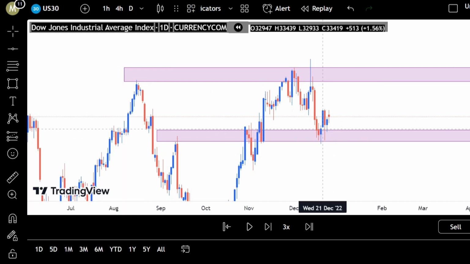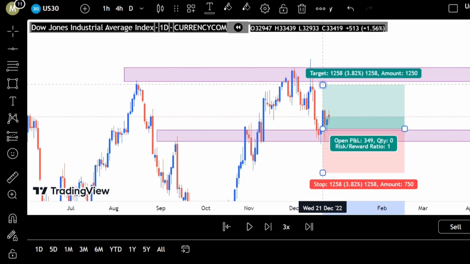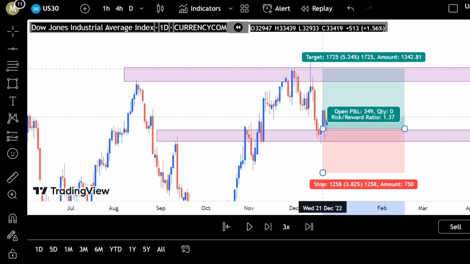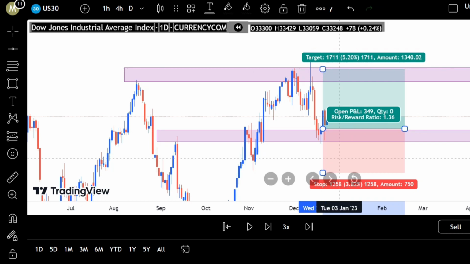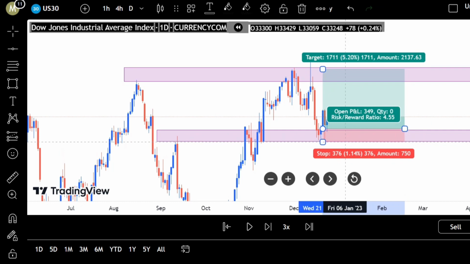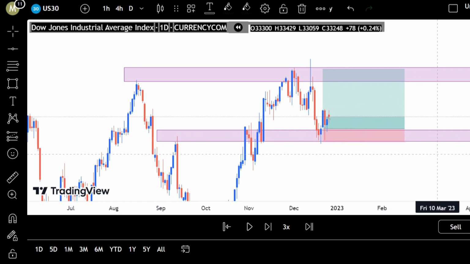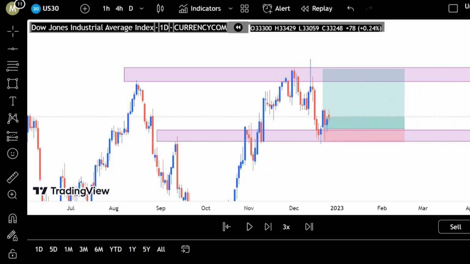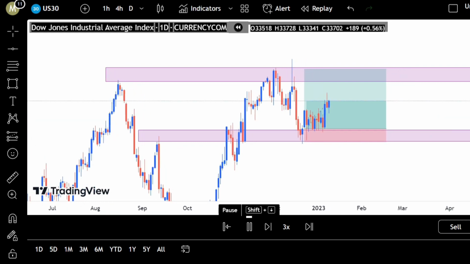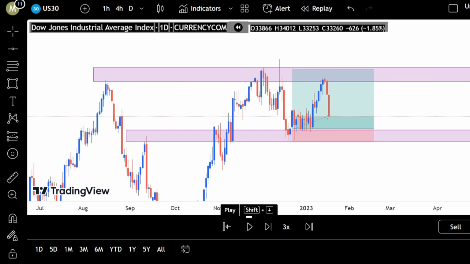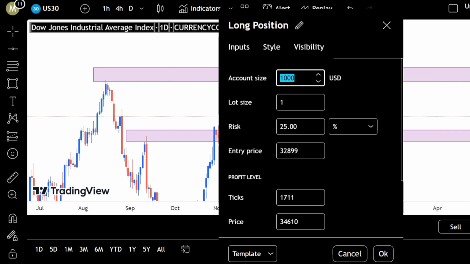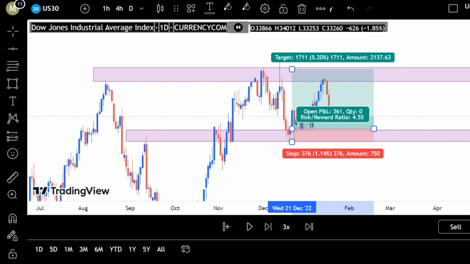You take your long position there, put your stop loss just below, just there, as you can see. Then you let your price play. As you can see, price reaches the upper part. It comes back down here, as you can see.